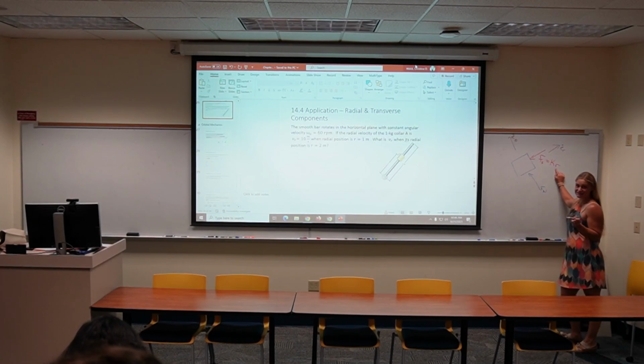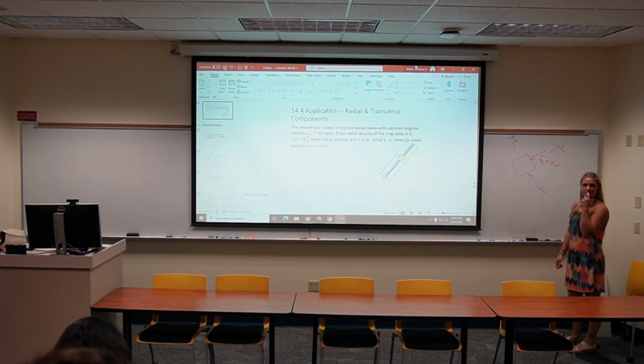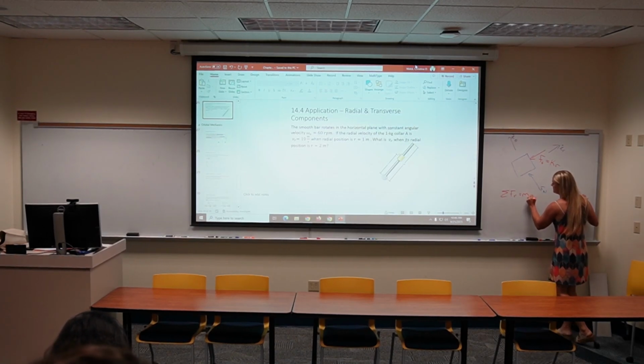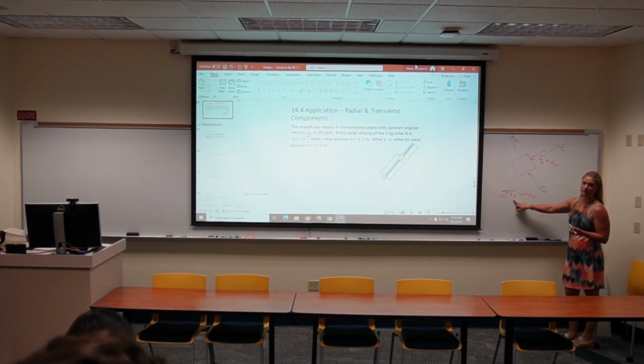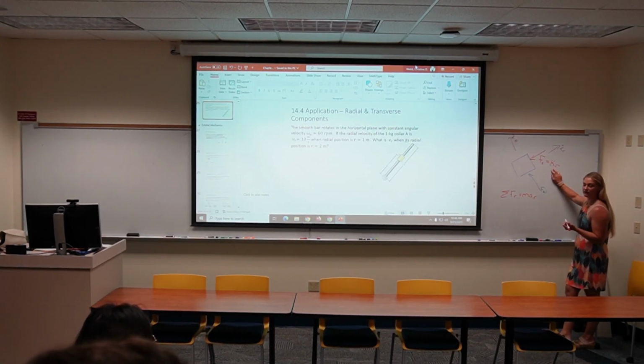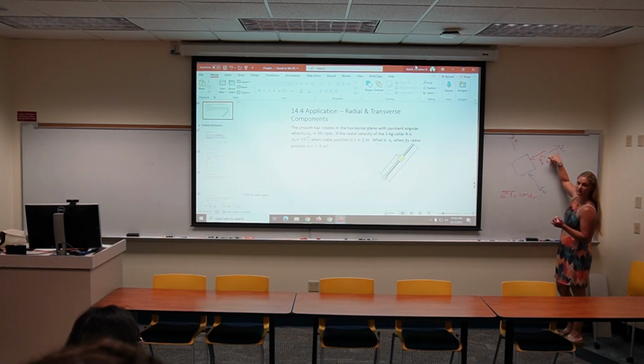Normally you see S, but it's R in this case because we're in radial. Okay? So you have R. That's it. So now when you do the sum of the forces in the radial equals m a_r, it's no longer 0. It is now going to be Kr. And it's going to be negative, right? Because it's going against.